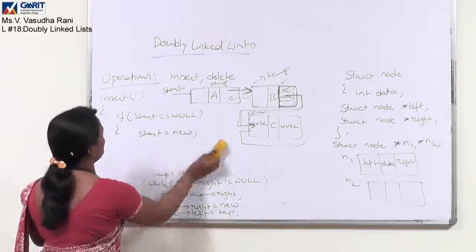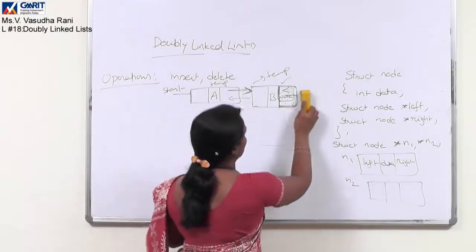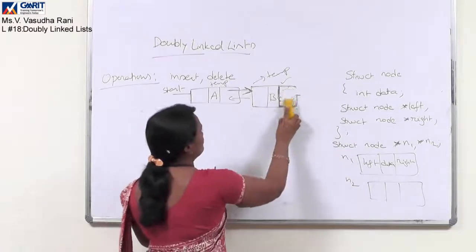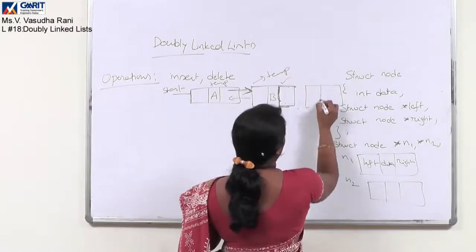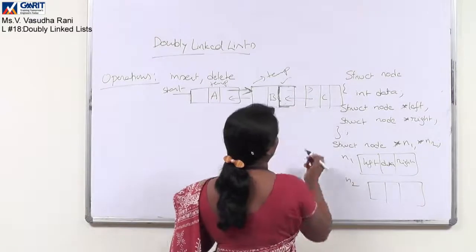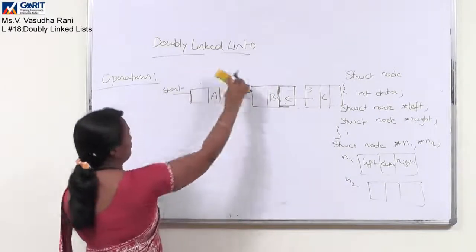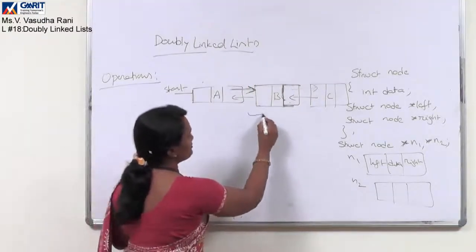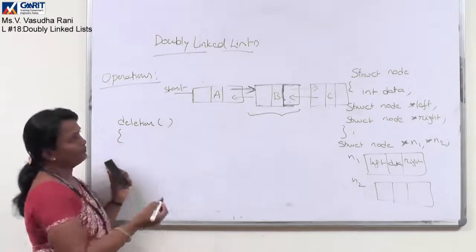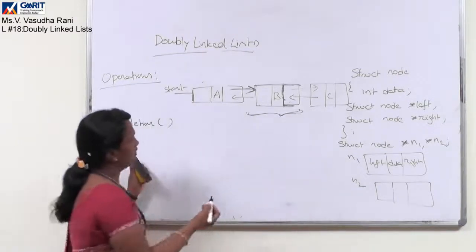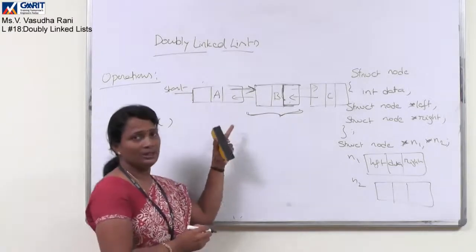And coming to the delete operation, now to delete this particular node, actually we could find the advantage with doubly linked list in performing the deletion operation.